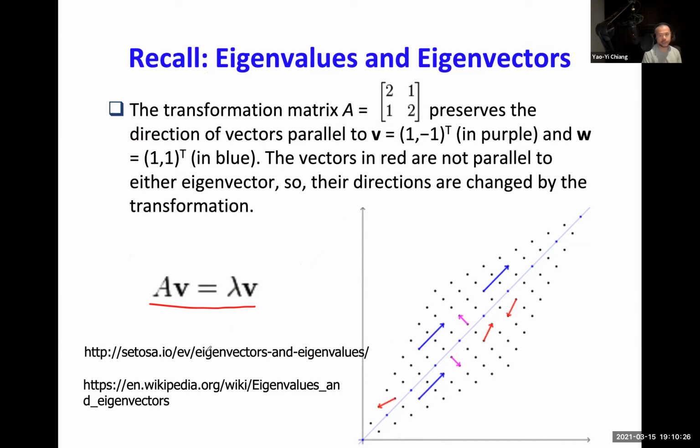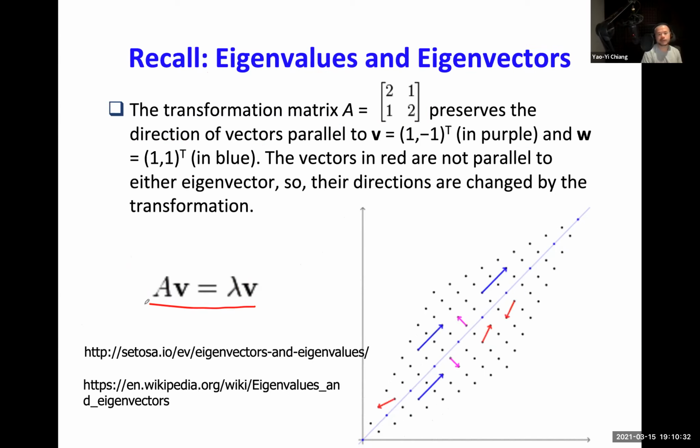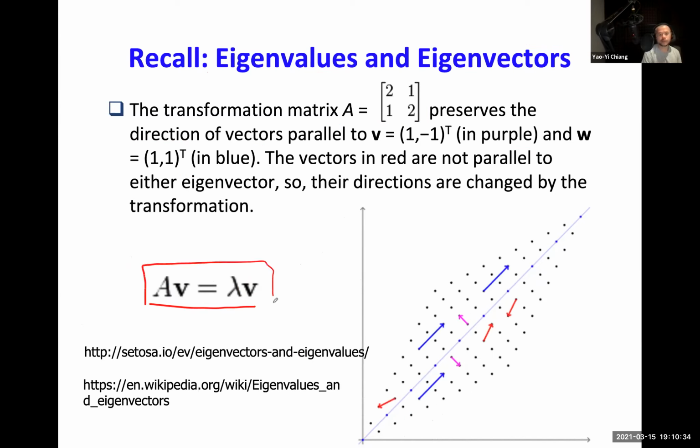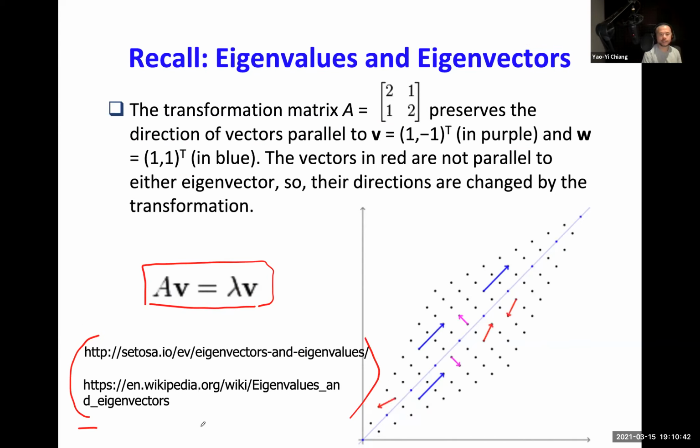This is in your high school math. I'm sure everyone did eigenvalues and eigenvectors at least once some time ago. But if you are not sure, here are 2 links that you can read. All right, so enough for eigenvalues and eigenvectors.